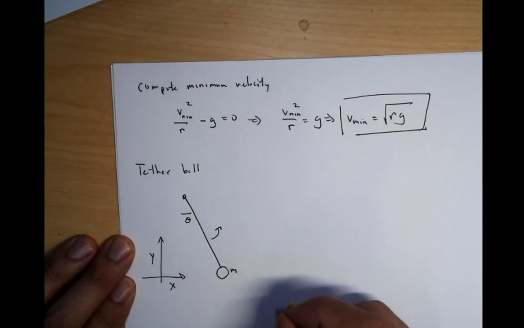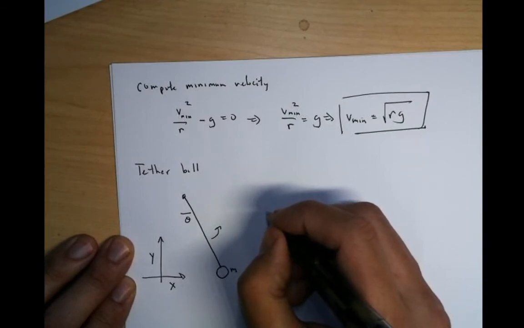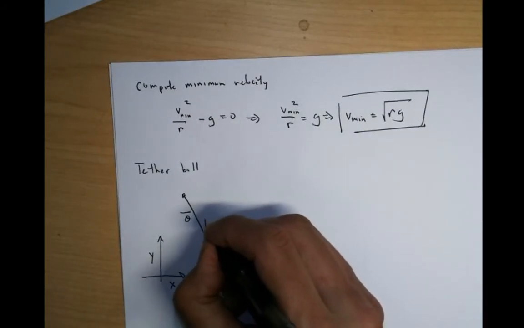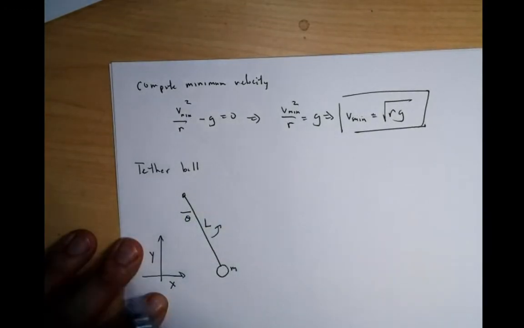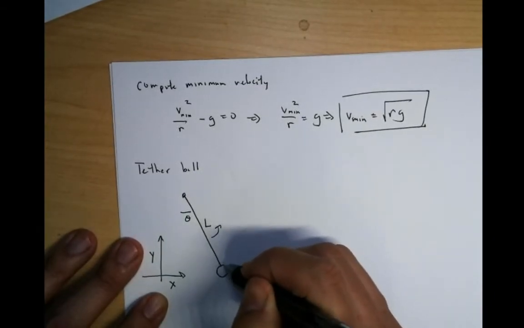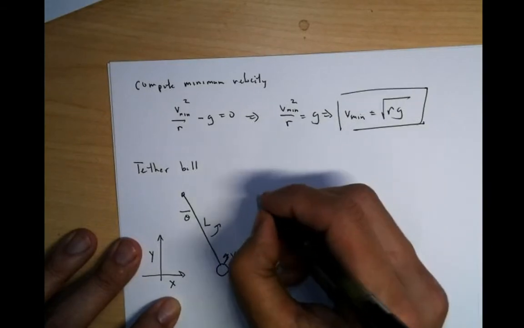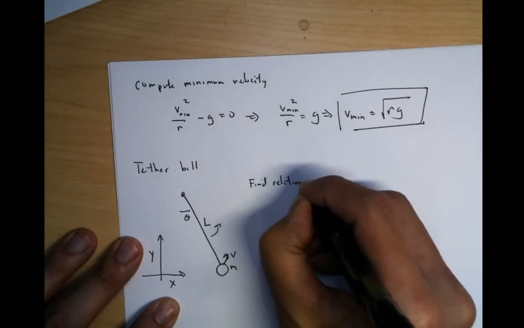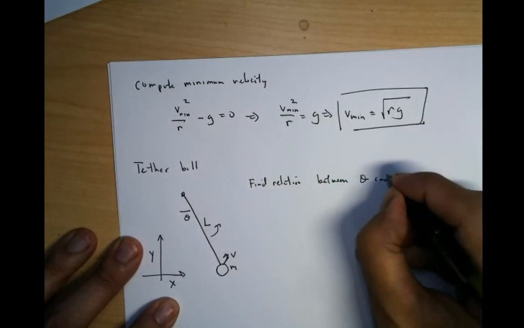Because this thing is going to be moving around some circle, let's say there's some length L. I'm going to figure out the relationship between the velocity of the ball moving around, which is v, and the angle theta.